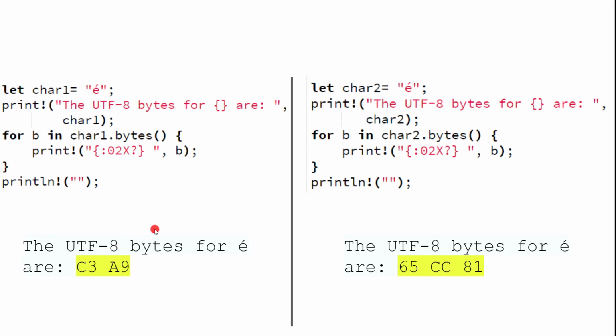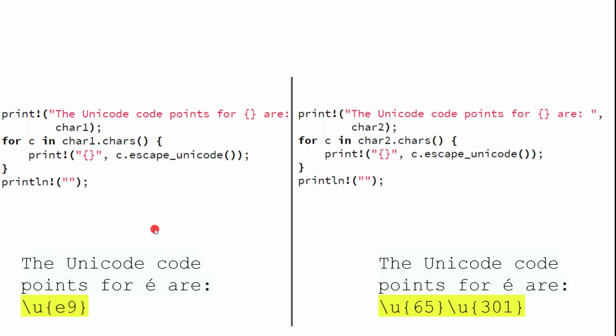So let's see what their code points are. If we look here, we're going to work backwards and reverse the string's native UTF-8 encoding back to the code point value. On the left, the E with an accent maps to a single code point, but the mystery deepens because the E with an accent on the right maps to 2 code points.